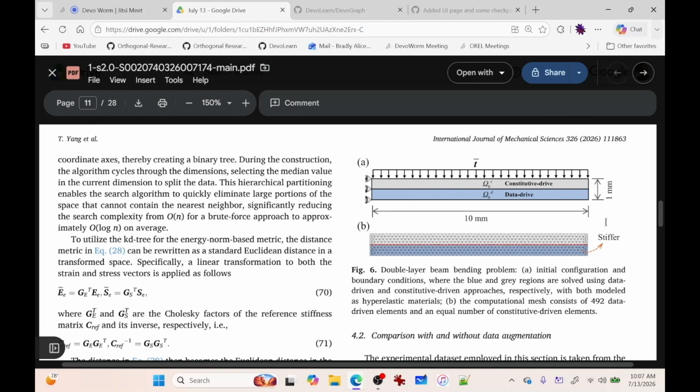And so this just shows how that's modeled as a hyperelastic material. And then B are the computational meshes that we use that consist of 492 data-driven elements and an equal number of constitutive-driven elements. So they're taking this solution for both parts of this and they're combining it into these meshes, and then they're deforming the meshes.